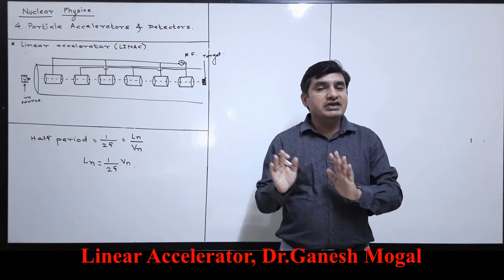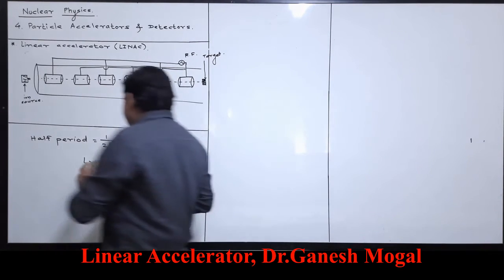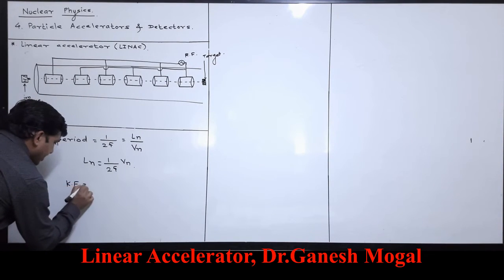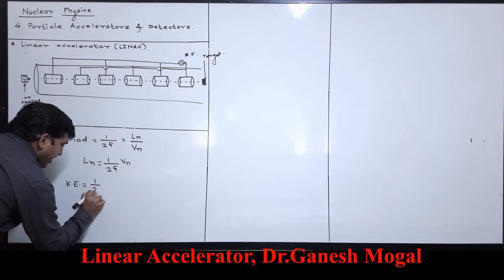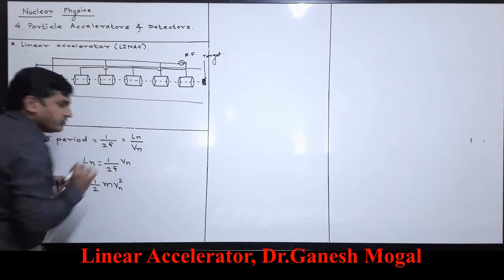But we can write the kinetic energy of a charged particle as half m Vn square.